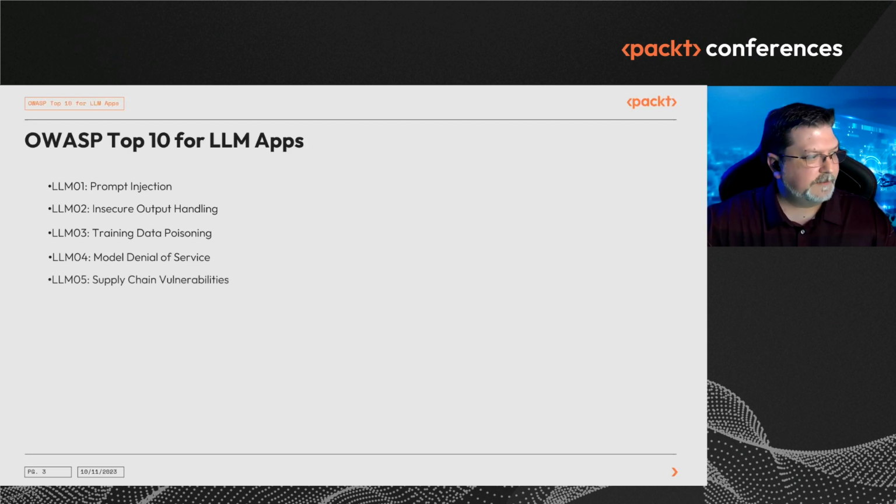Supply chain vulnerabilities, to me, go hand in hand with training data poisoning. It's essentially making sure that the LLMs you're getting, the plugins you're getting, anything you're getting in terms of the models and the applications themselves, are validated and verified and not malicious.